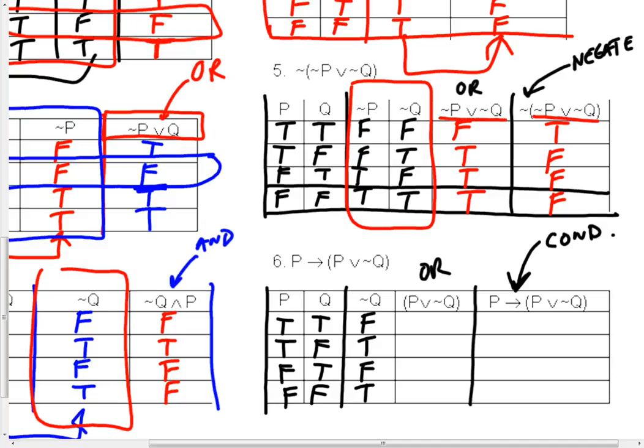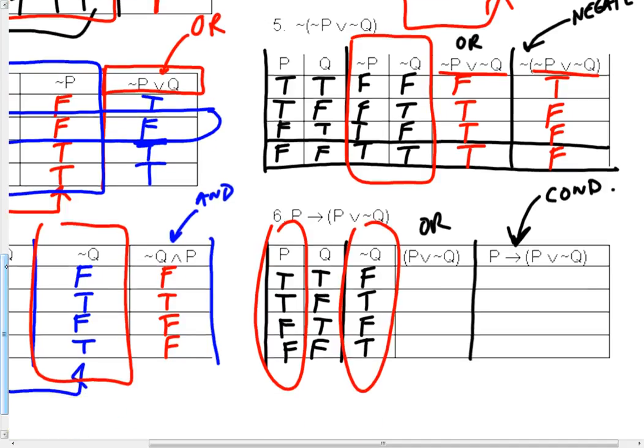If it's not, then you can't just ignore it. An or situation for P and negation Q. So I'm ignoring the Q column in between. Or is not picky. So true, true, this one would be false, this one would be true.